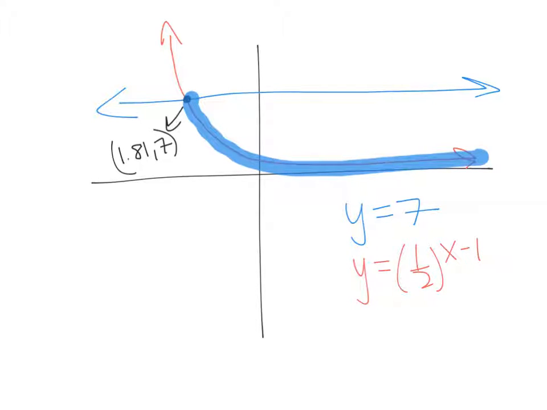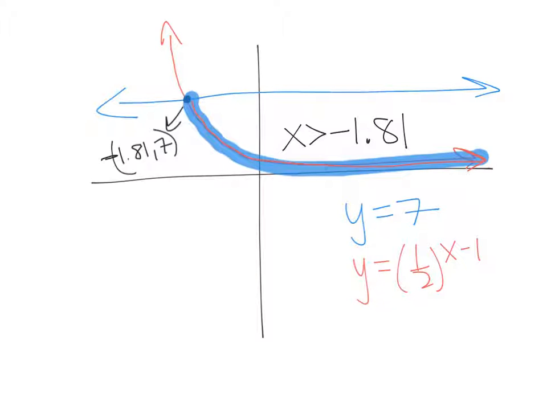So I can say that when my y values of my exponential function are less than the y values of my linear function, x is greater than negative 1.81, because we've just said that these are all of these y's.